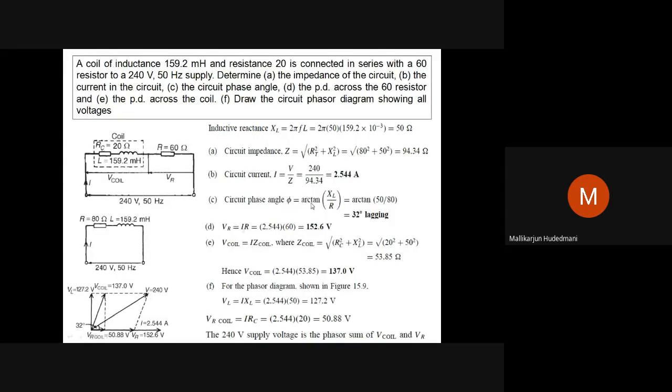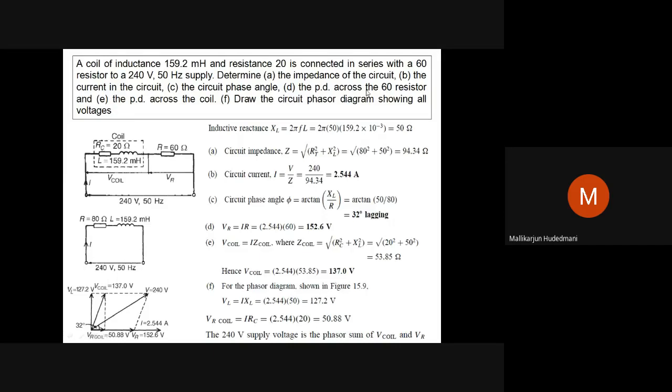So what is being done? Arc tan, inverse tan XL by R total. Nothing but inverse tan 50 divided by 80 gives you 32 degrees. So lagging is inherent because the circuit is having inductance. So this is the phase angle of the circuit.